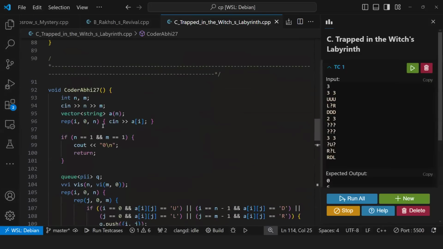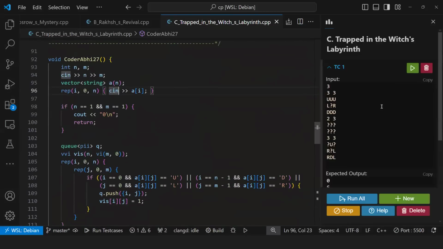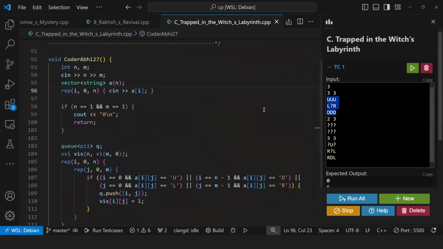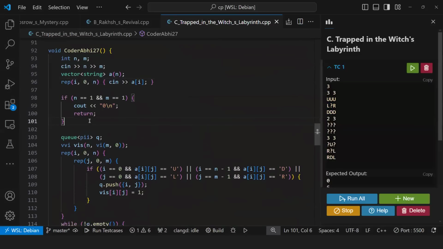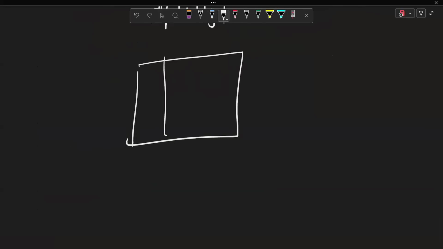Okay, so what I'm doing here is I just take the input, a vector of string, of n cross m. Then, one edge case which you needed to observe here, and that's why I was getting some wrong answers also, is if you write a simple BFS on some grid.